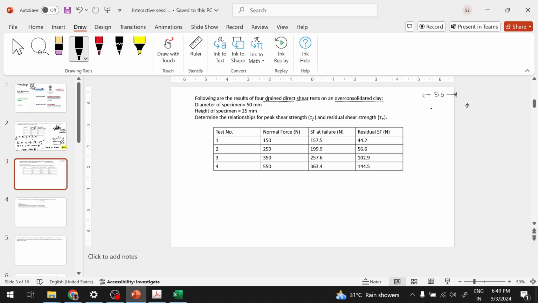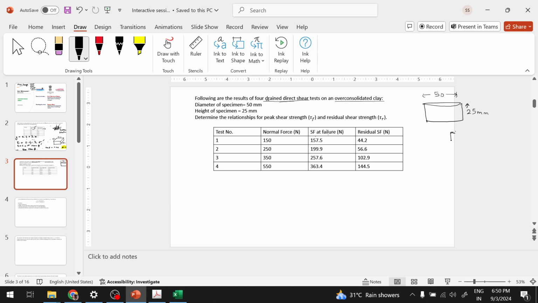It will be something like this, way shorter than your normal triaxial, this 25 mm. Determine the relationship for peak shear strength and residual shear strength. We have been given shear force at failure and residual shear force.